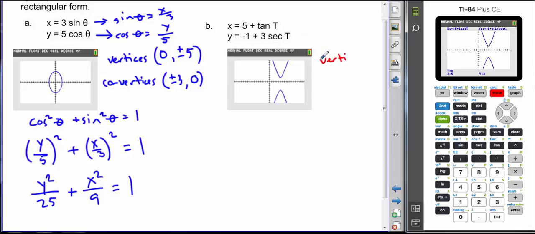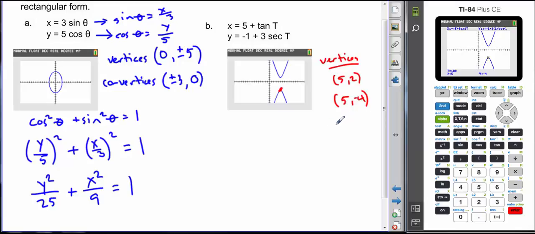It's 5 and 2. If I keep tracing my way around, I'll find the other vertex, this point right down there. That point ends up being at 5, -4, and if you hit trace and go to 180, that's where it happens. It's essentially like half a trip around the unit circle. So there are the vertices.